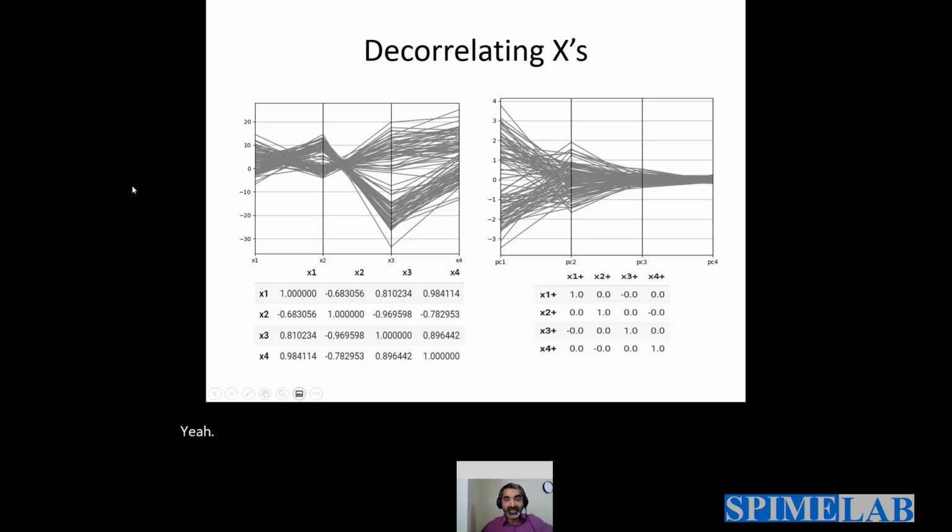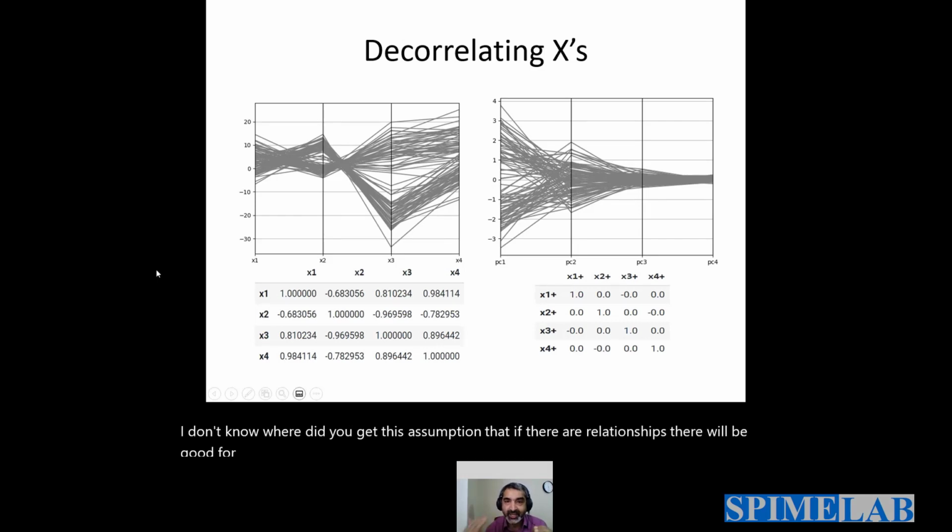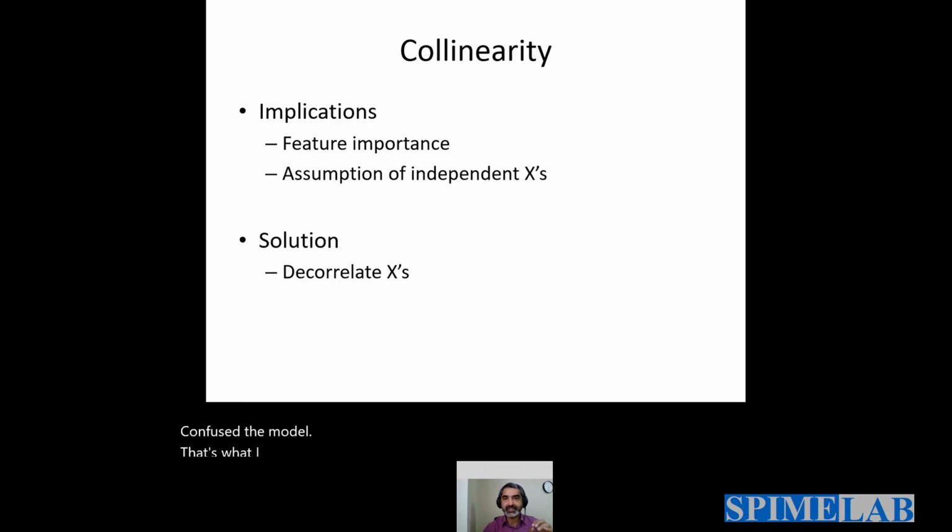I don't know, where did you get this assumption that if there are relationships, they will be good for prediction? Actually, it's the opposite. If there are relationships, they will confuse the model. That's what I said. The implication of collinearity is that each feature, each column, each variable should be independent.